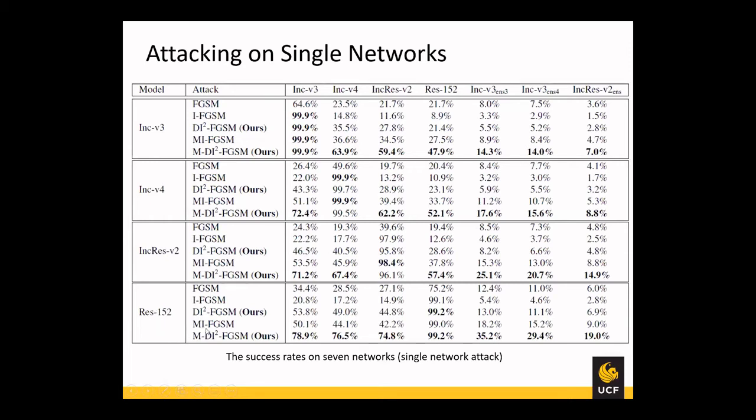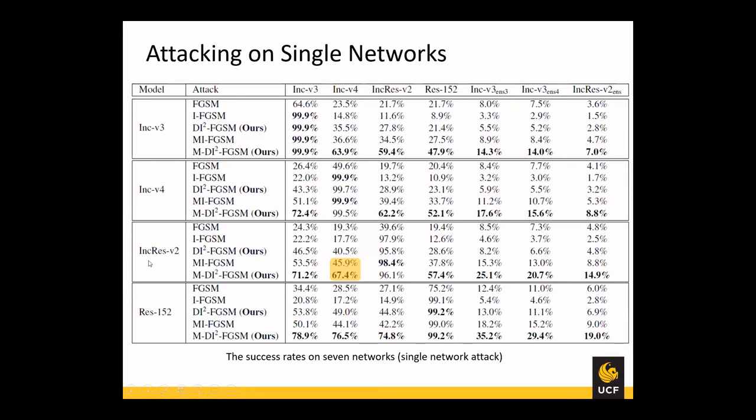Just to give you a perspective of how well their method is performing, let's take a look at a couple of specific examples from this big chunk of table. So particularly this example, if you look right over here, the images they generated were from Inception ResNet version 2, and they attacked the Inception version 4 model using MIFGSM, and they got a success rate of 45.9%.